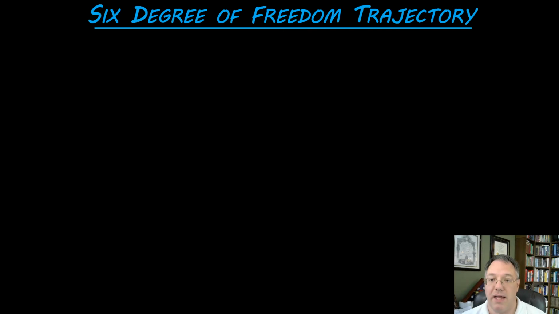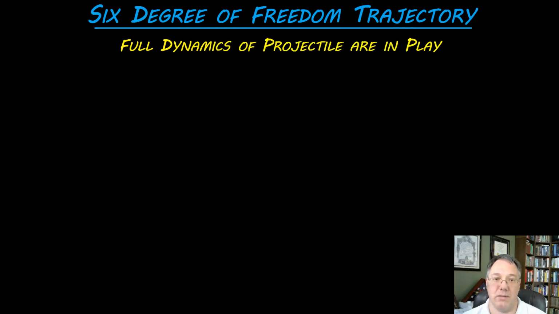Now, a 6 degree of freedom trajectory is what we're going to be talking about today. So this is where the full dynamics of the projectile are in play. All right, so not only where is the center of gravity moving, but we also have to think about what attitude it's sitting at, how fast is it spinning, where is the nose pointing, all 6 degrees of freedom.